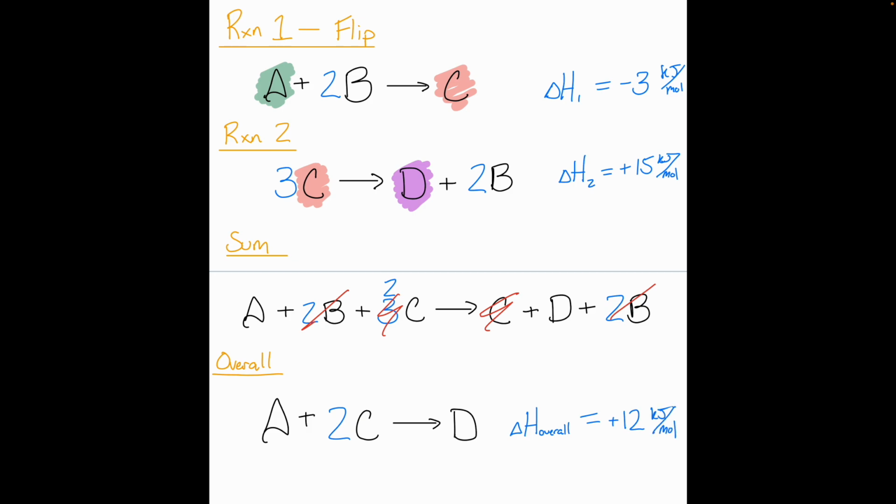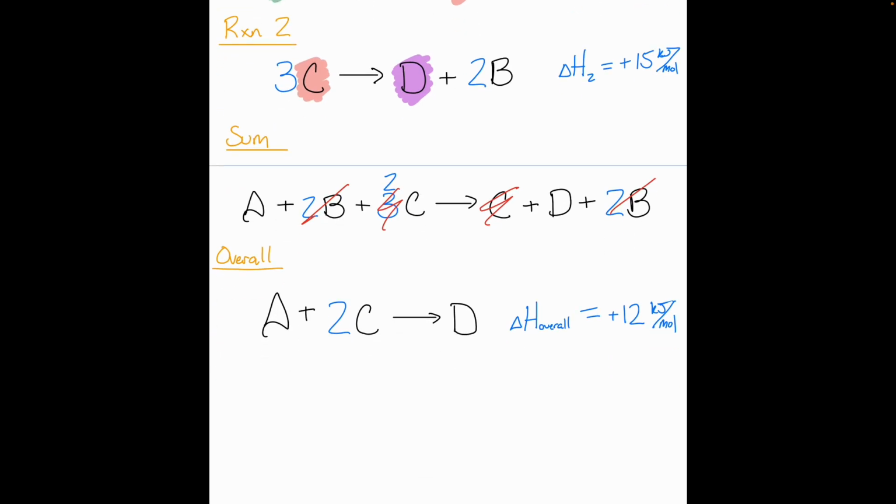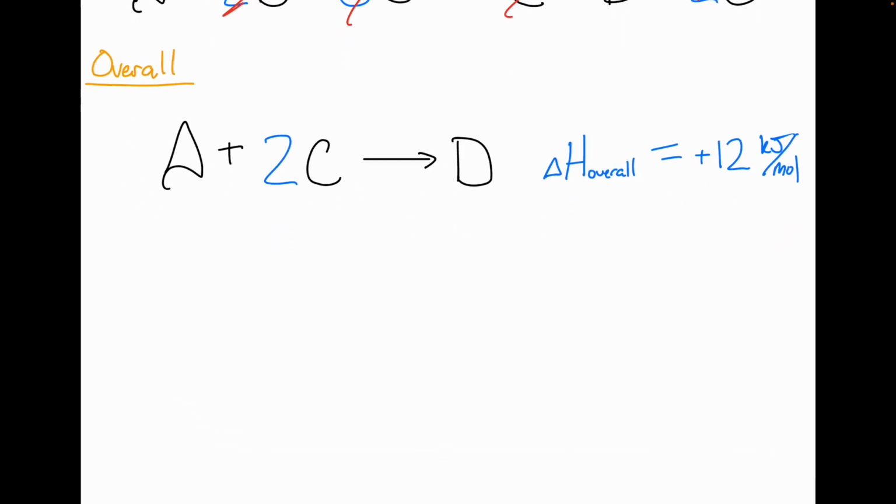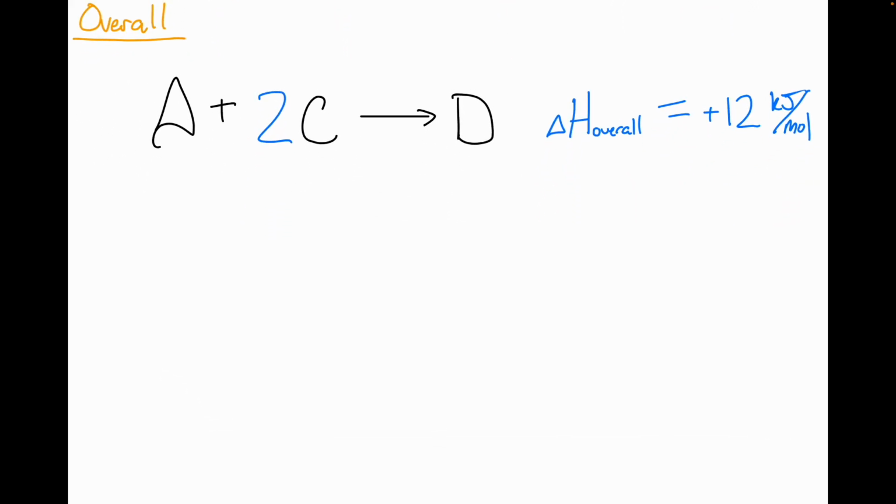All right, one more thing I can ask you about this equation based on what we did last class: is this reaction endothermic or exothermic? And how do we know it's endothermic? Because of the sign of that delta H value. Positive is endothermic. A negative delta H is an exothermic reaction.